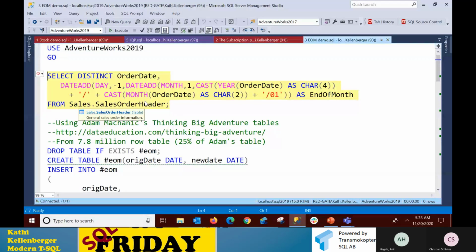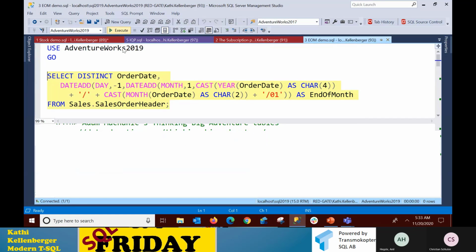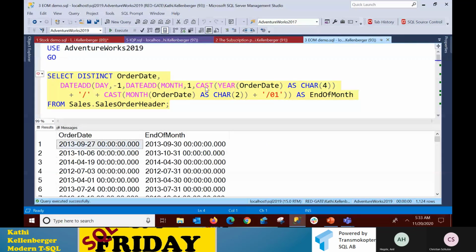I really wondered about that because when these easy functions came out, a lot of folks did tests on them just to find out if they performed worse or better, what was really going on with these. For one thing, it makes it a lot easier if you need the end of the month or you need to just standardize the months. So this is how I would have to write it.